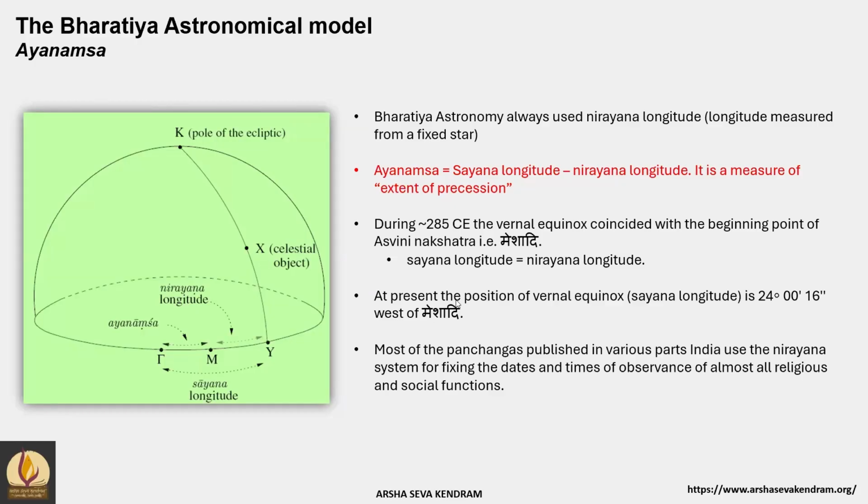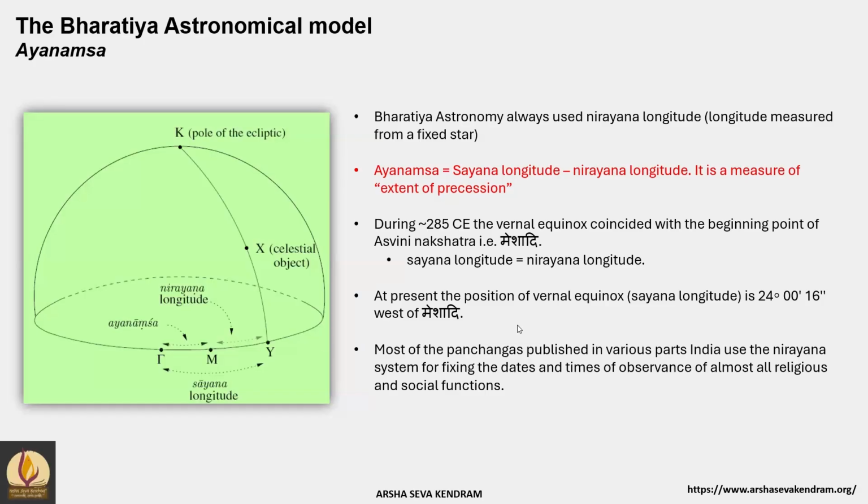But the important point to remember is that the Nirayana system is the one used by our Panchangas, and that is the one used by the astrology community as well, right?